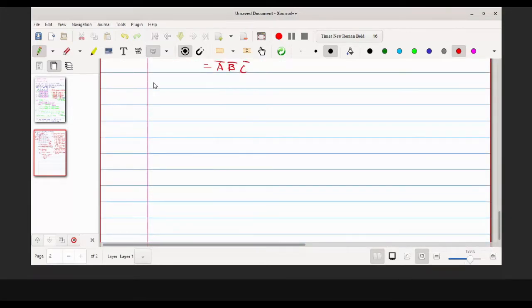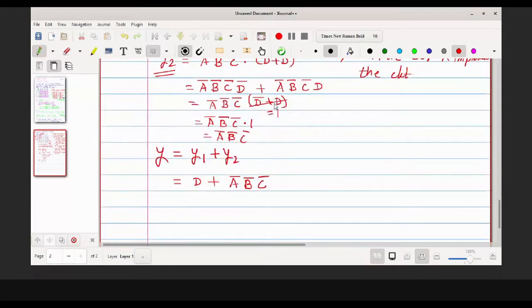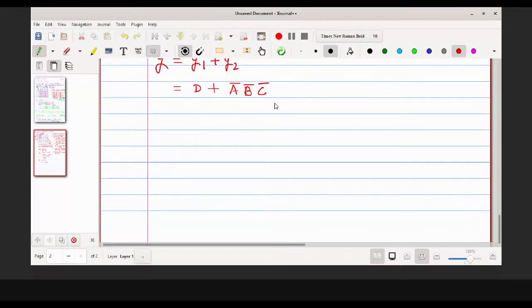So what is my final Y? It is the sum of products, so it is Y1 plus Y2, or you can say Y1 or Y2. So it is D plus A bar, B bar, C bar. Okay. And the last step is implementation.